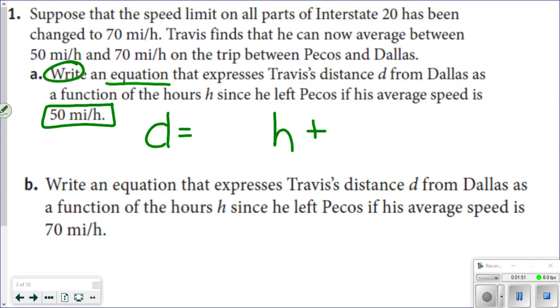Our distance from Dallas is decreasing, so we actually need to write this as a negative 50 for the slope. Plus, do you remember how far apart they were? How many miles away Pecos is from Dallas? Hasn't changed. It's still 450 miles.